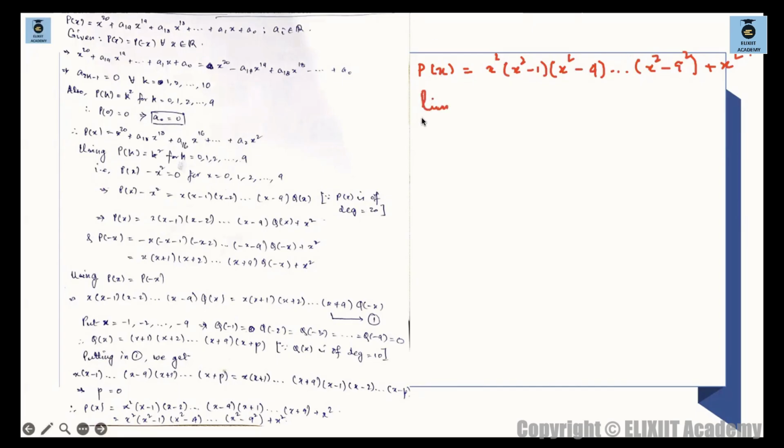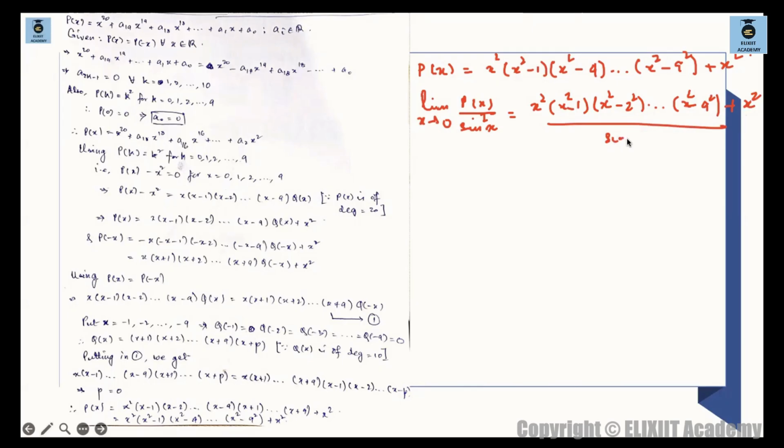So limit x tends to 0 of p of x upon sine square x, which means x square into x square minus 1, x square minus 2 square and so on till x square minus 9 square, plus x square, divided by sine square x. This is what they are asking for.